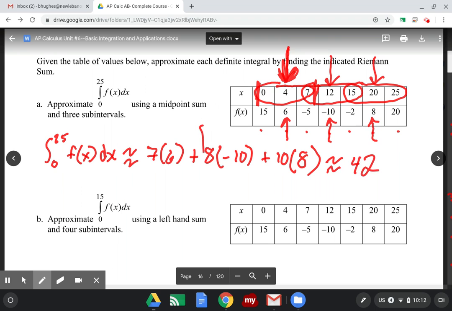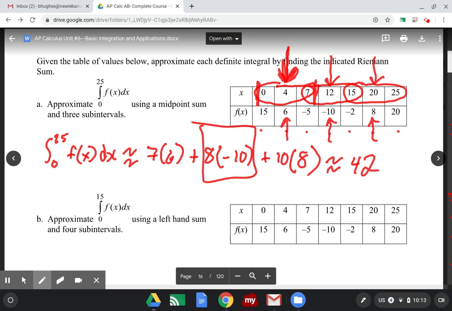So probably the one thing that sticks out initially with this problem is that middle one. This area right here is negative, being negative 80. It hasn't really come up yet, but it is right now. Anytime you're finding the area underneath the curve, if the region bounded by the x-axis is above the x-axis, we normally have a positive area. And if the area bounded by the curve and the x-axis is below the x-axis, that's when we end up having a negative value.